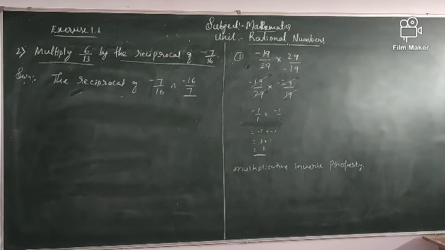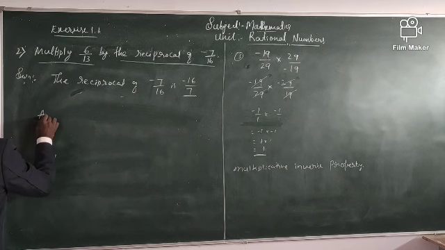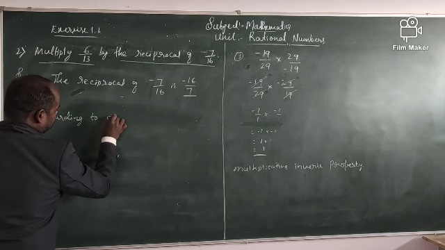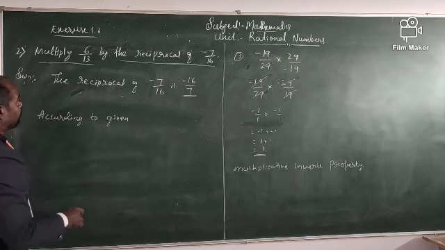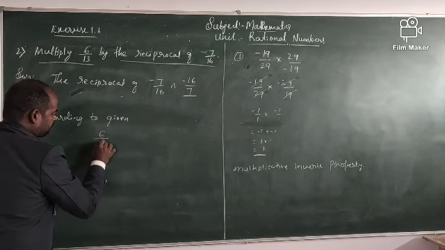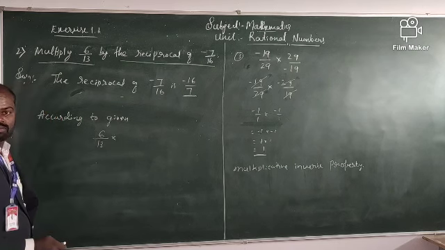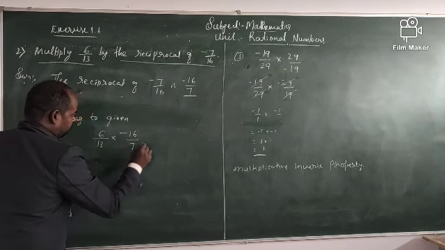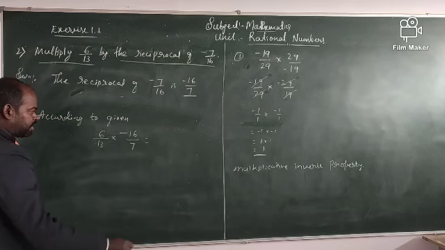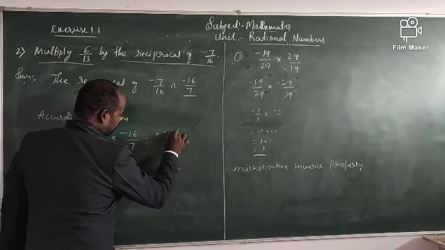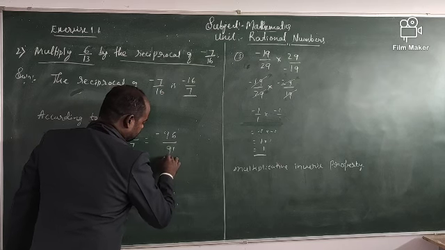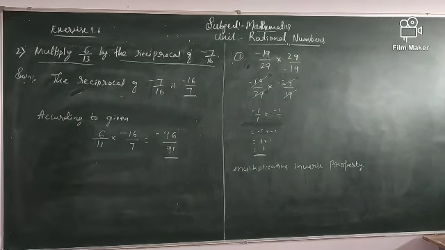For that we have to multiply what? 6 by 13. According to the question, multiply 6 by 13 into the reciprocal of minus 7 by 16, that is minus 16 by 7, which is equal to how much? 16 sixes are? Yes, minus 96. 13 sevens are? Yes, 91. This is your answer.